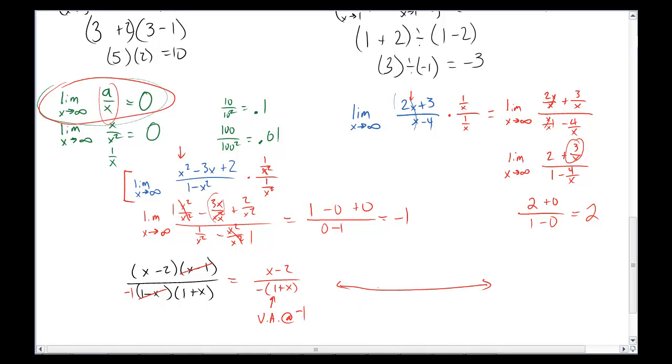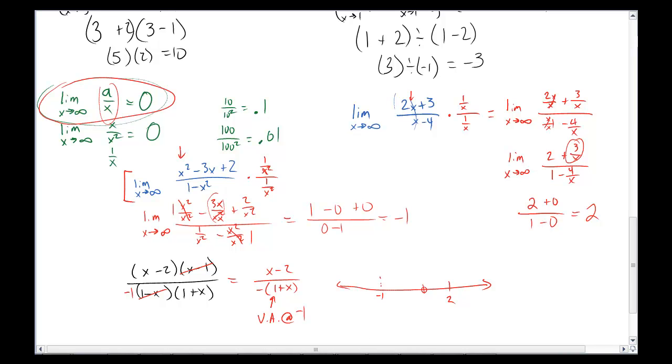I've got my x-intercept at 2. I have a hole at 1, which may be important later, but let's just mark that it's a hole. Okay, that's not an x-intercept. The sign doesn't alternate there. And then I've got a vertical asymptote at negative 1.